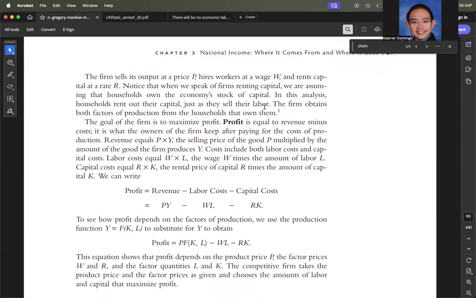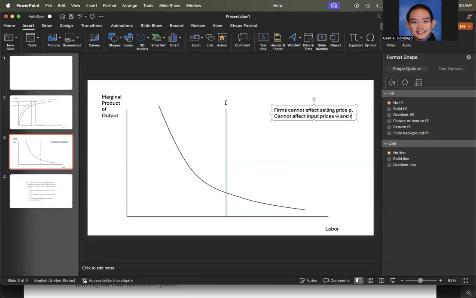So notice, the firm level has the same production function with each other, and thus with the macroeconomy itself.